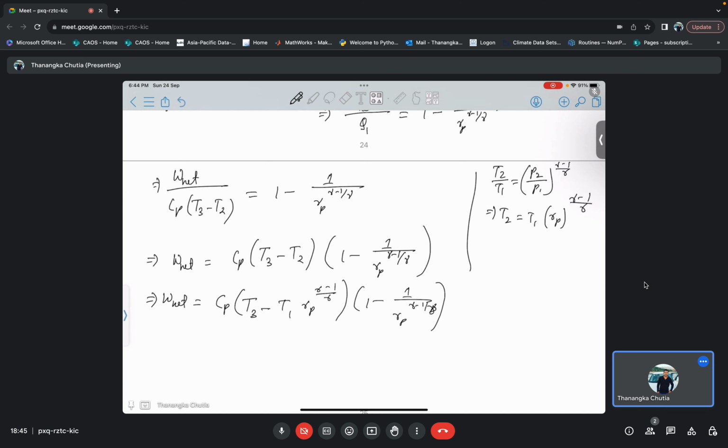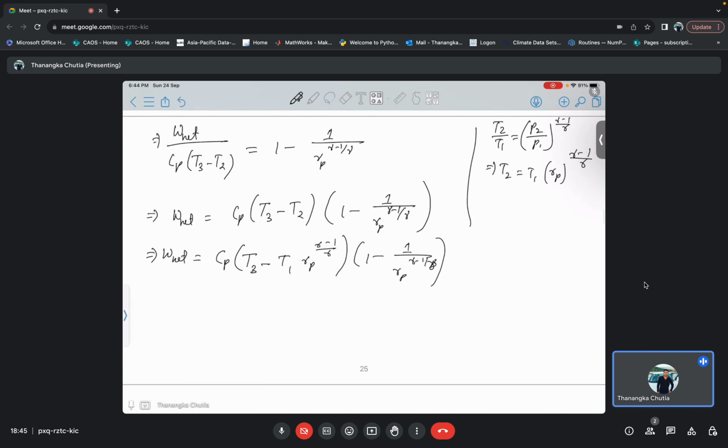Now I'll just multiply it. W net is equal to Cp into T3 minus T3 divided by rp to the power gamma minus 1 divided by gamma, minus T1 into rp to the power gamma minus 1 divided by gamma, plus T1.